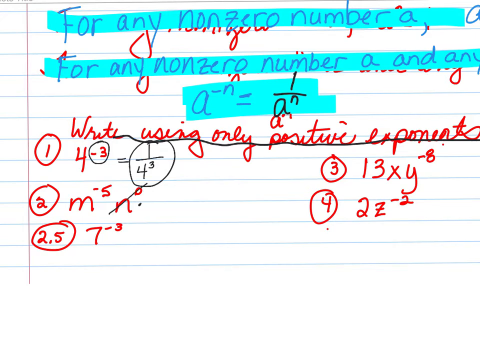I can replace this with times 1, because anything to the 0 power is 1. And then I'm left with m to the negative 5th power, but that has a negative exponent. So what should it become? Well, it can't keep a negative exponent, and it's in the numerator right now, right? So it's going to become 1 over m to the 5th power.